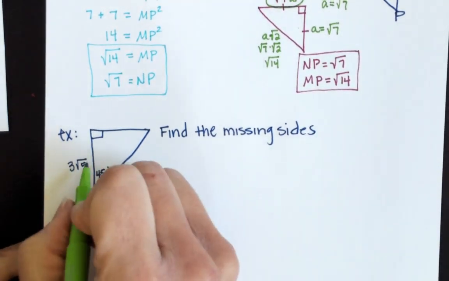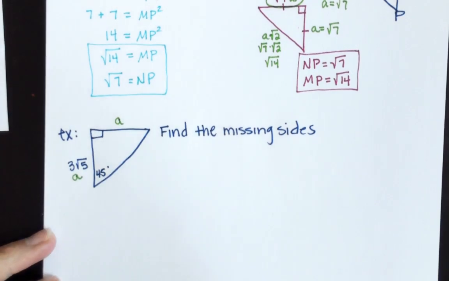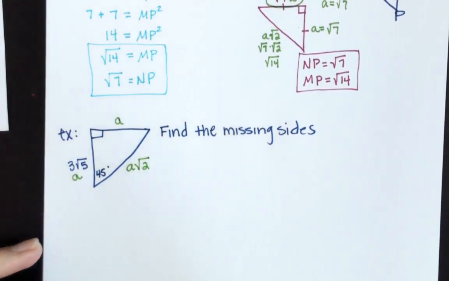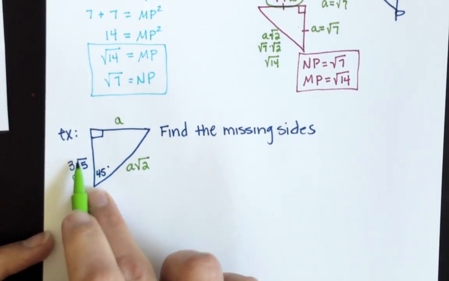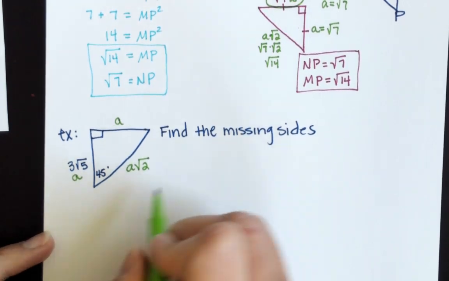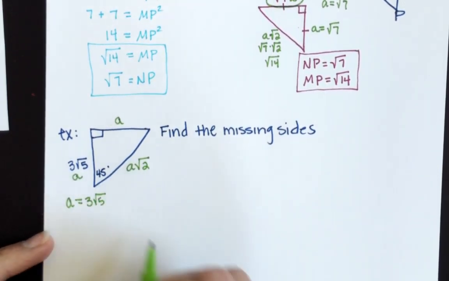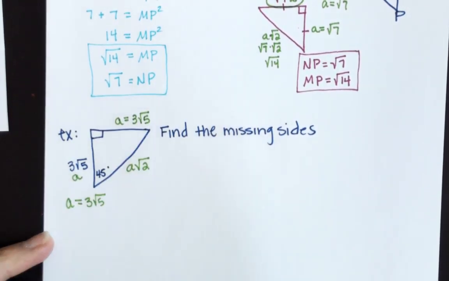So I know the legs are both A and A. The hypotenuse is A radical 2. And thankfully here, I already have what A is. So we know A is going to be 3 radical 5, which means this side is 3 radical 5.